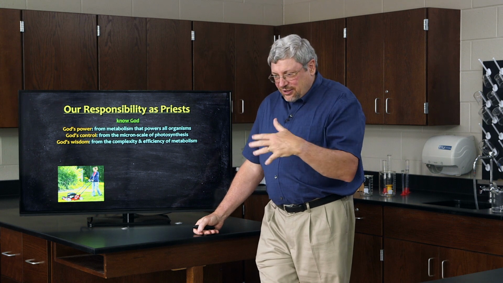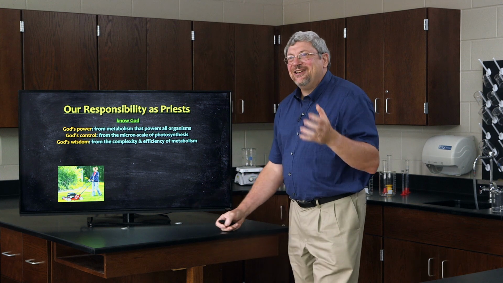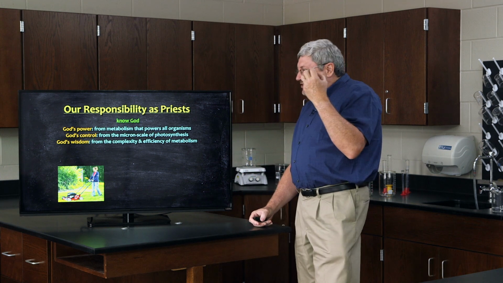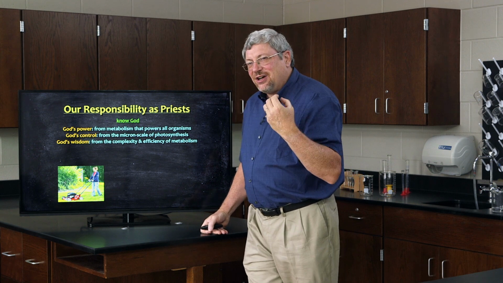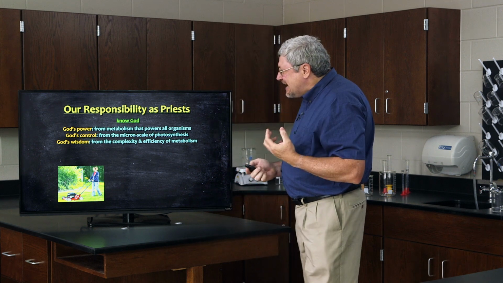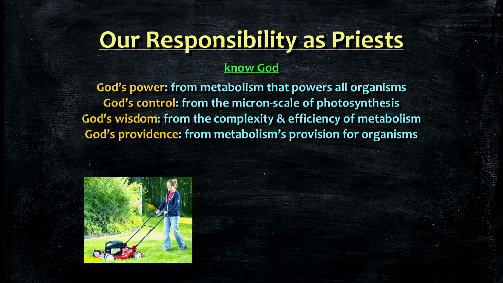Both of us are looking for excuses not to go back to mowing the lawn, but we have the opportunity to gain insight into the wisdom of God in creating this amazing complexity. His providence in putting all of that in place.